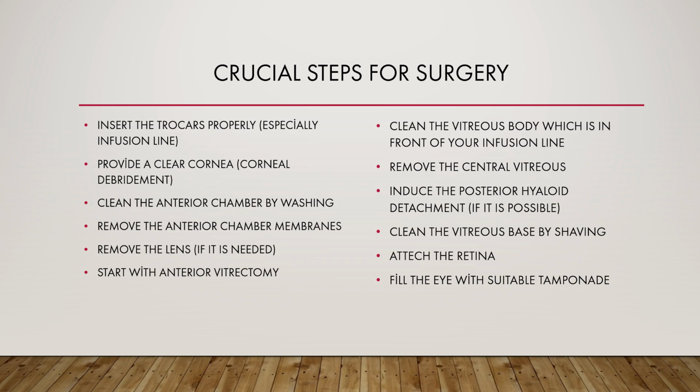Start with anterior vitrectomy. Clean the vitreous body in front of your infusion line. Remove the vitreous. Induce the posterior hyaloid. Also, this one is not mandatory. If you can do it, you can force it. Clean the vitreous base by shaving, and attach the retina and fill the eye with a suitable tamponade. Now I will try to show all these steps by short videos.